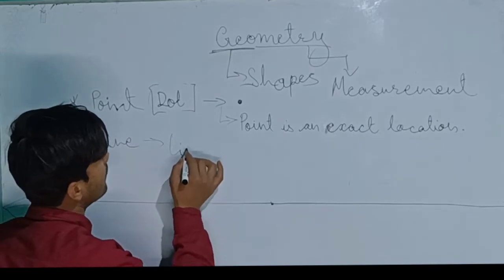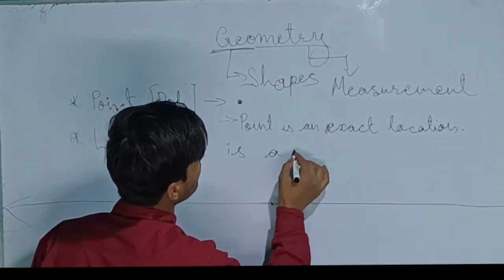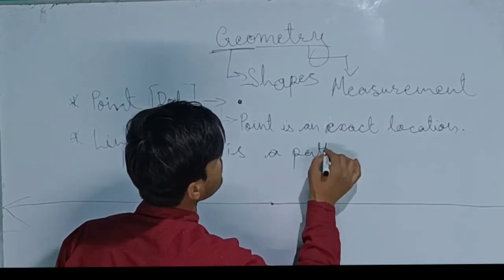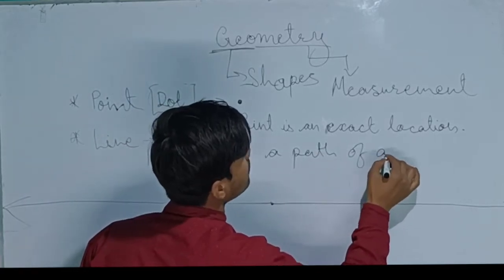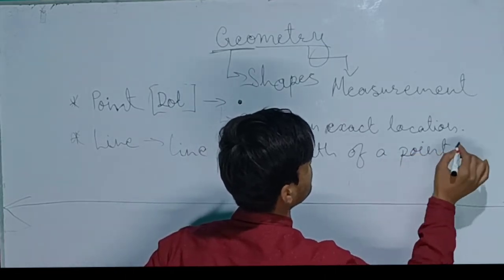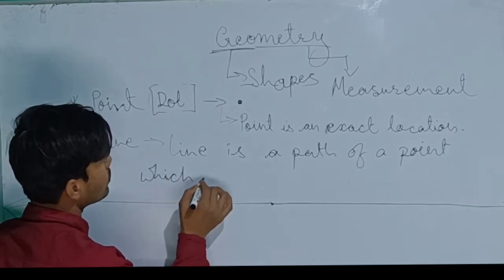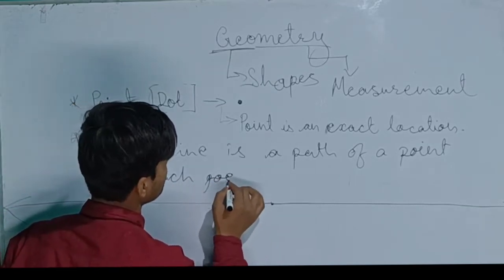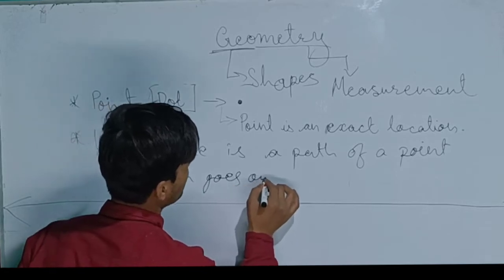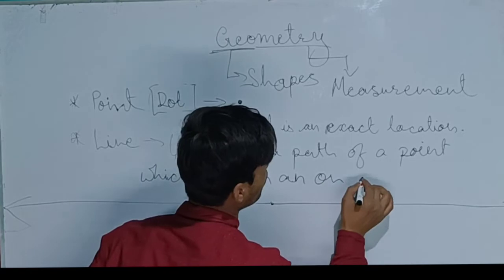Now see the definition of a line. A line is a path of a point which goes on and on both sides.